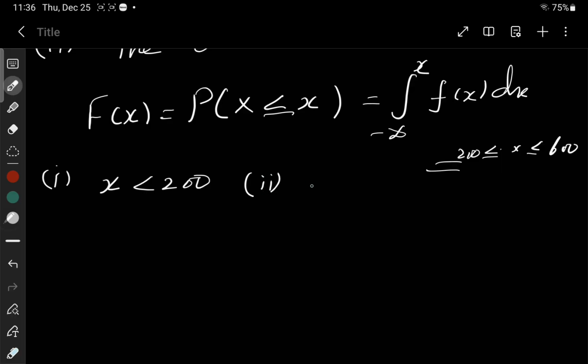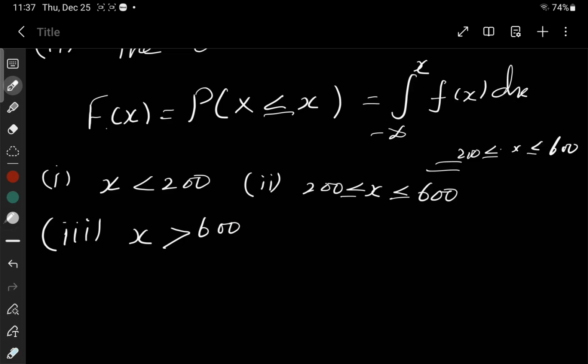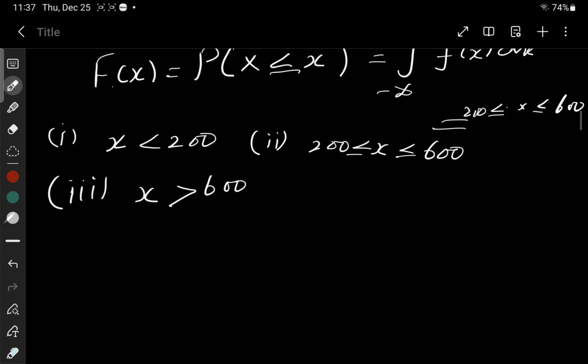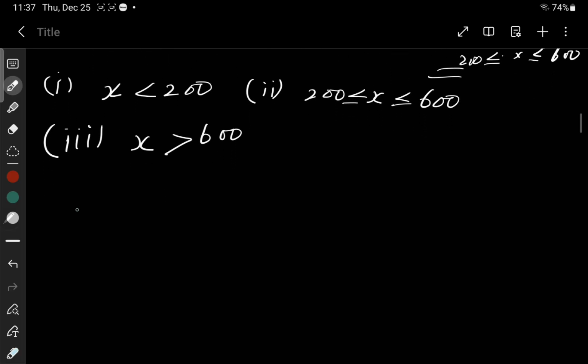Second case, what will happen when x is between 200 and 600? Third case, what would happen for x greater than 600? For three conditions you have to find F of x. Let me take the first case, x less than 200.